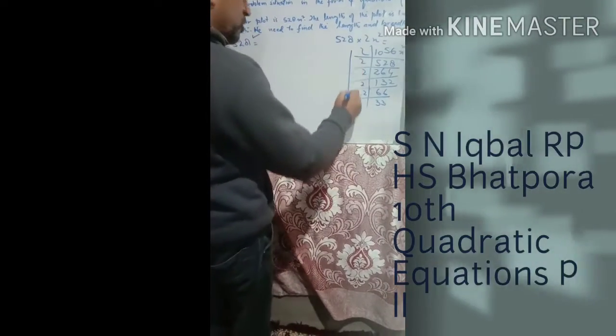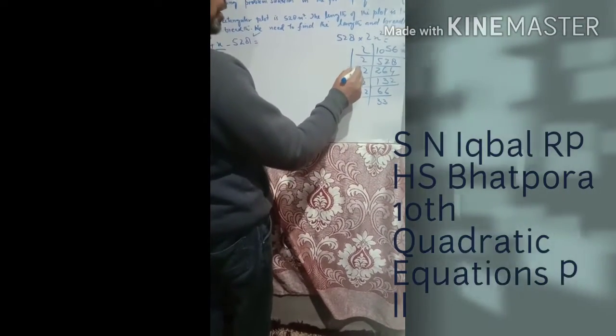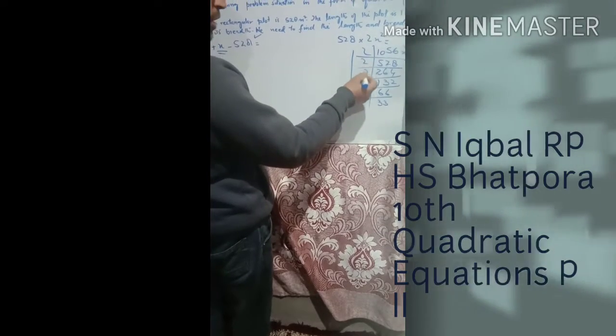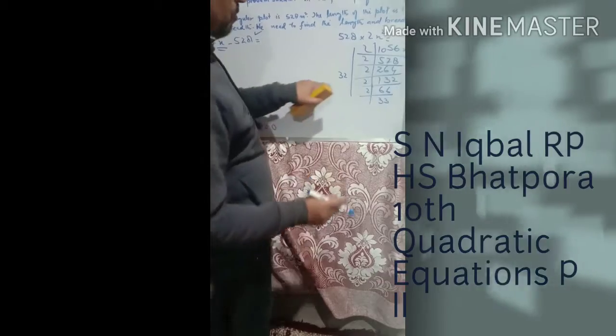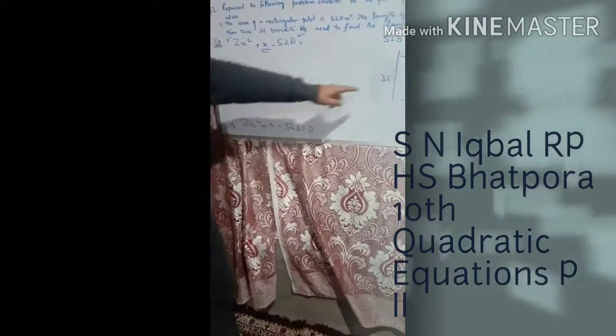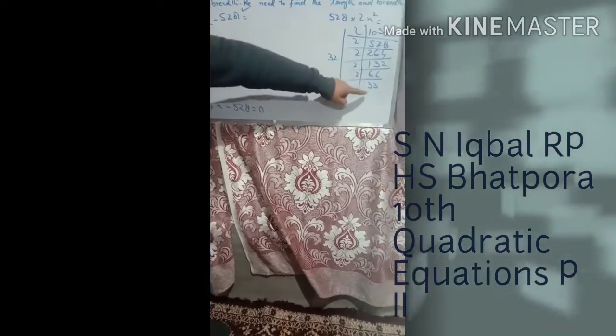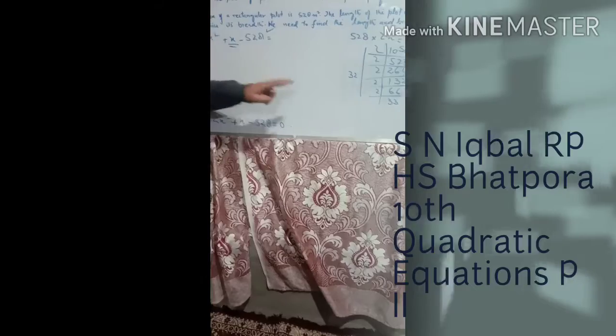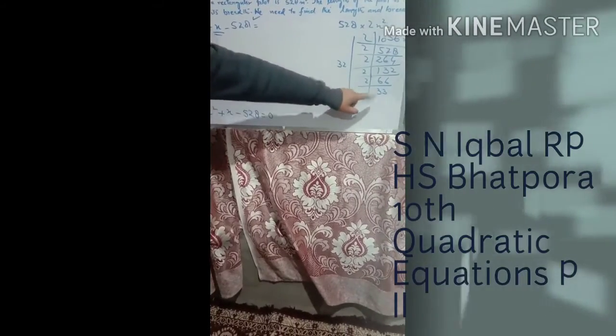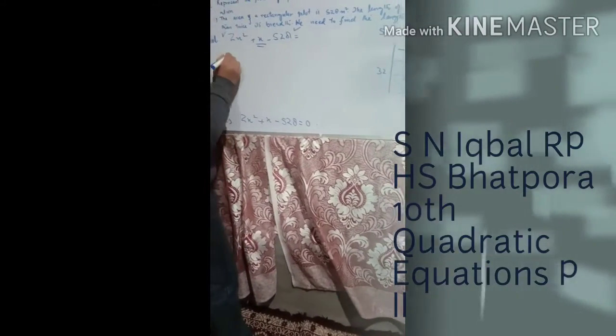In this manner we see 2 2s are 4, 4 2s are 8, 8 2s are 16, 16 2s are 32. We get two terms here, 32 and 33. If we multiply this 32 with 33, we get 1056. And if we subtract 32 from 33, we get 1.